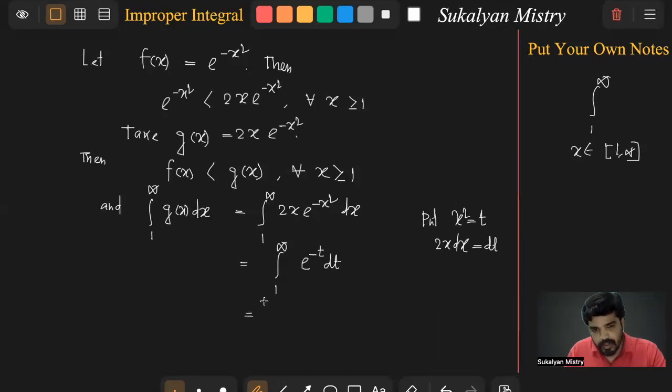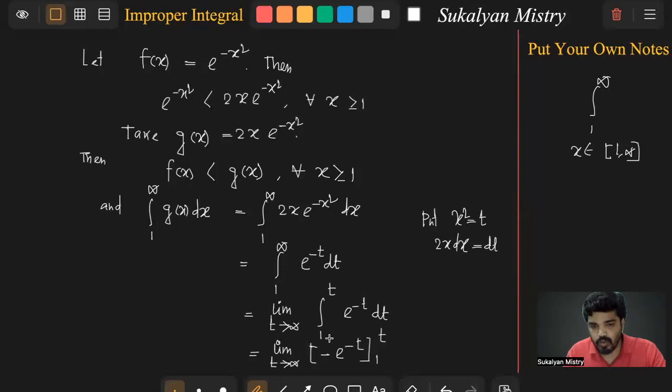So this can be written as limit t tending to infinity integration 1 to t e to the power minus t dt. So that equals limit t tending to infinity, integrating e to the power minus t gives minus e to the power minus t, from 1 to t.